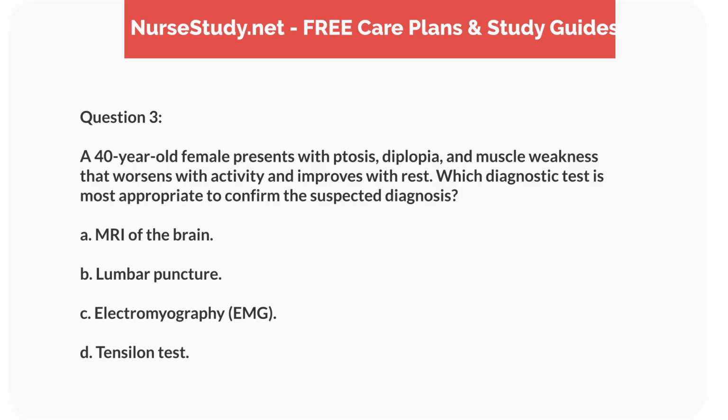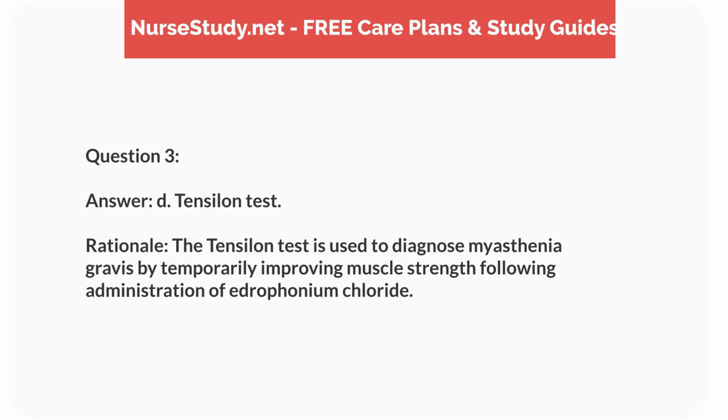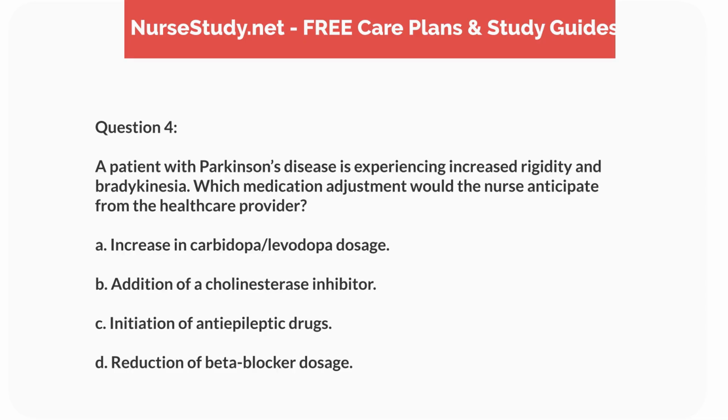C. Electromyography, EMG. D. Tensilon test. Answer: D. Tensilon test. Rationale: the Tensilon test is used to diagnose myasthenia gravis by temporarily improving muscle strength following administration of edrophonium chloride.